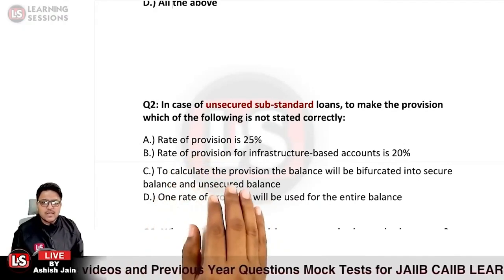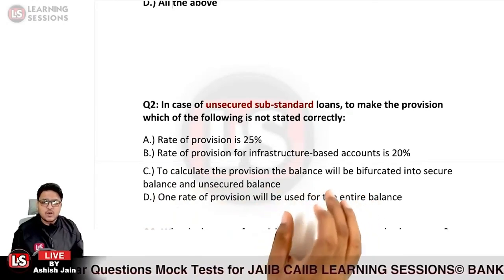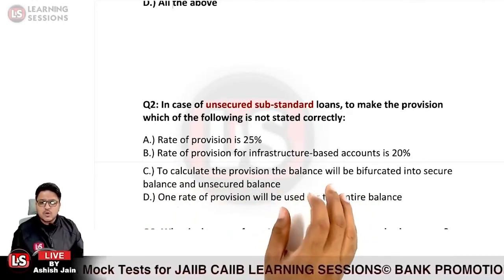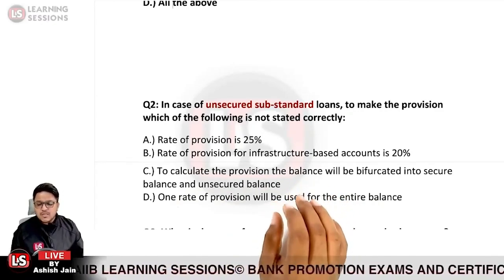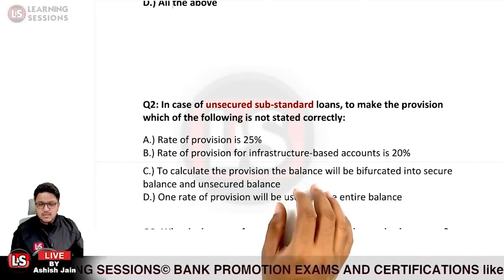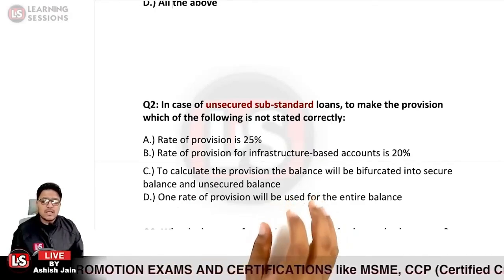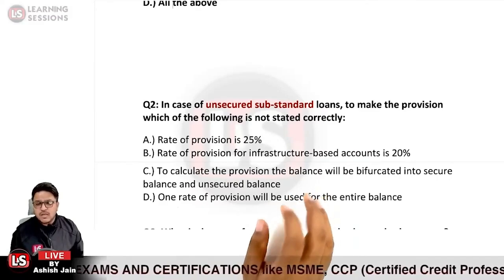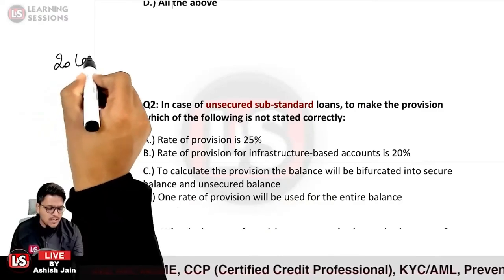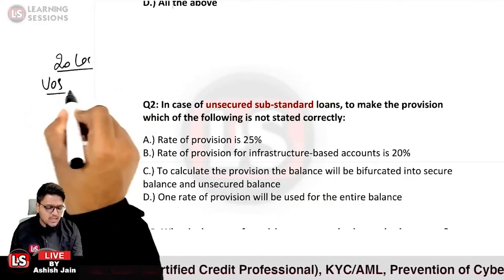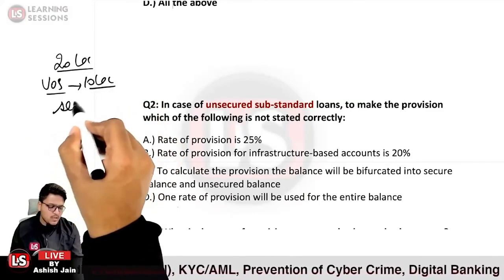But option C says that to calculate the provision, the balance is to be bifurcated into secured balance and unsecured balance, which is not correct. Because in the case of substandard assets, the provision rate will be used for the entire balance. Let us take the case that the loan amount is 20 lakh rupees and the value of security available at the sanctioning time was 10 lakh rupees. Now the loan is a secured loan.